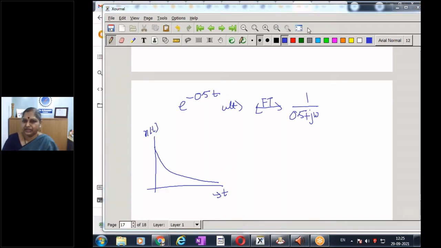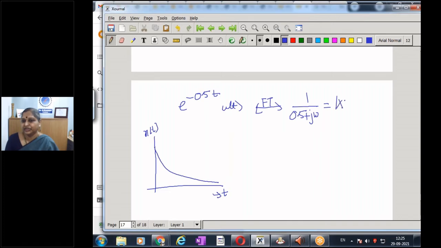We have done this a large number of times. This I can write as mod x of omega and angle x of omega. And what is mod x of omega?